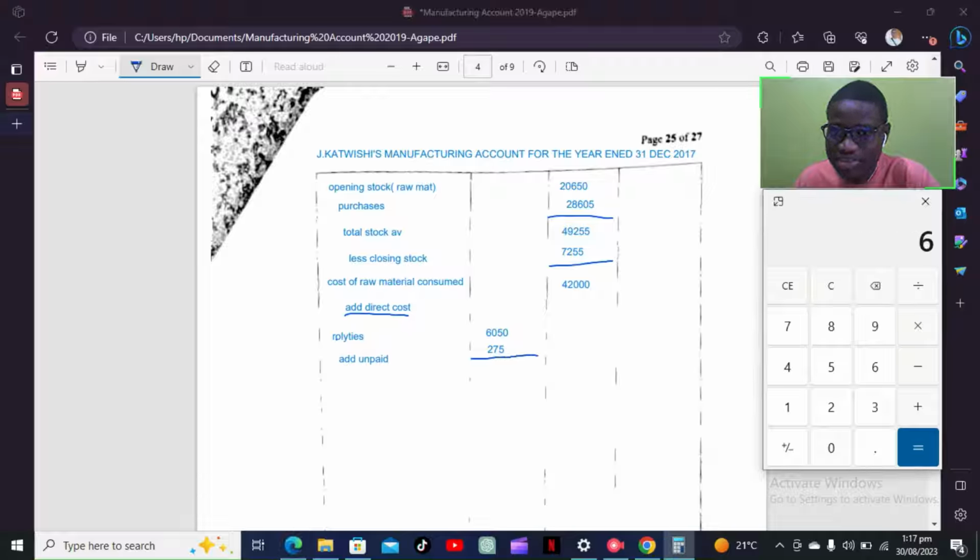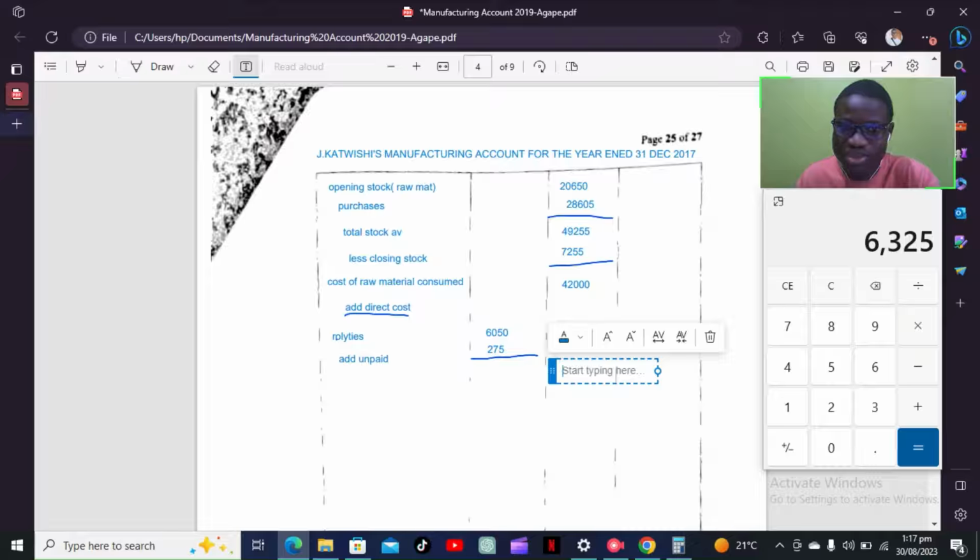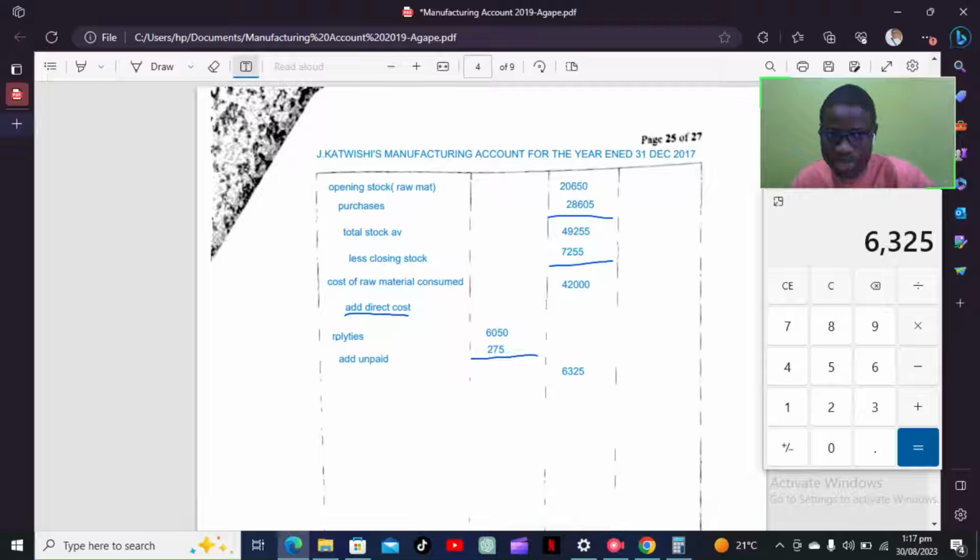We add 6,050 plus 275. What are we getting? We're getting 6,325 kwacha. Then that's when we're going to bring it here. So we're going to bring our figure now here, the one that we've added, which is 6,325, like so.